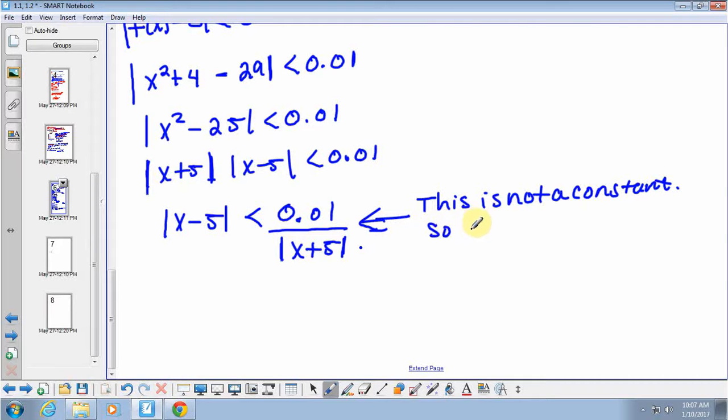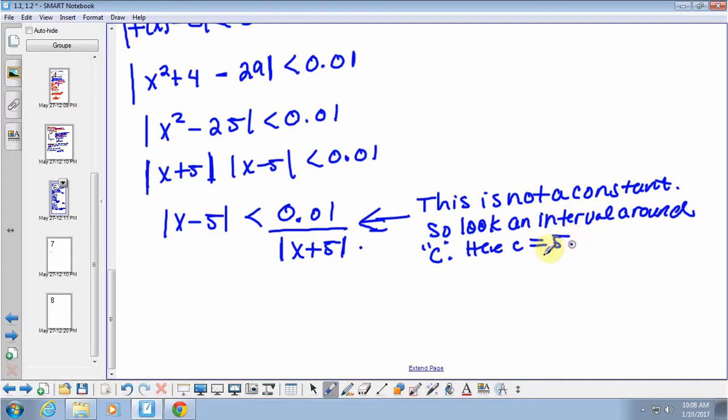So what we're going to do is to look at an interval around our c. And remember here, c is 5. Okay? And we're going to look at this x being around, or this interval around 5 being 4 and 6.